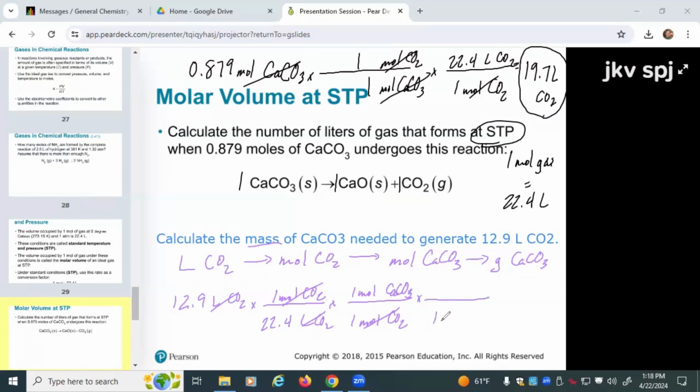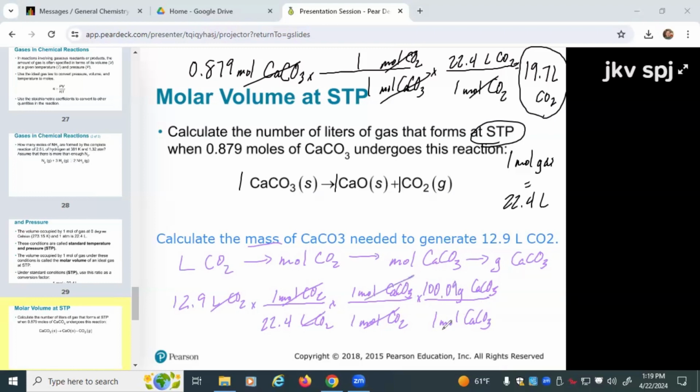The last step would be to turn the moles of calcium carbonate into grams. For that, I am going to need the molar masses. So for calcium, it is 40.08. For carbon, it is 12.01. For oxygen, it is 16, and there are 3 of them. Total mass is 100.09.